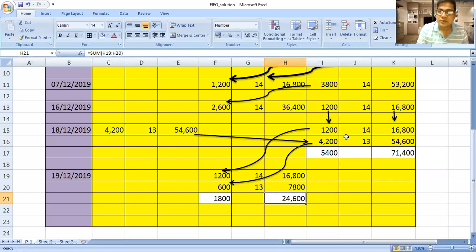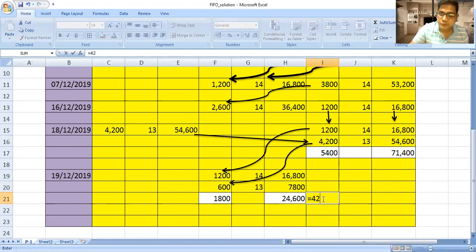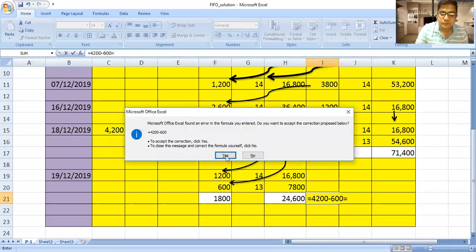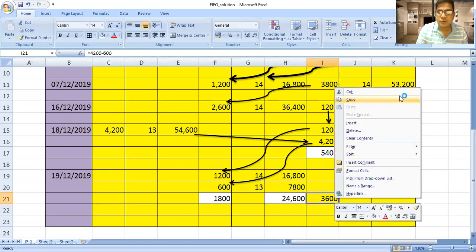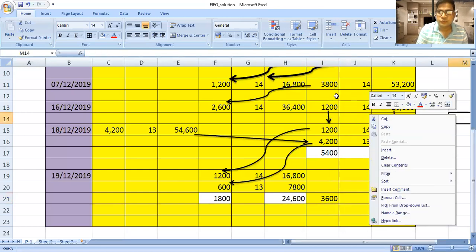Now friends, we already sold the 1,200 units, and from the 13 rupees rate, we sold only 600 units. So we have a balance: 4,200 minus 600, the rest is 3,600. I hope you understood what is going on.